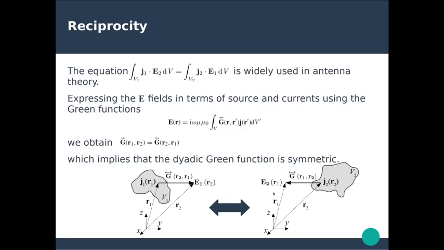So this is totally equivalent, and this is the reciprocity theorem illustrated in its full potential. We can flip the source and the detector in position, and you will not change the physical implications of this.